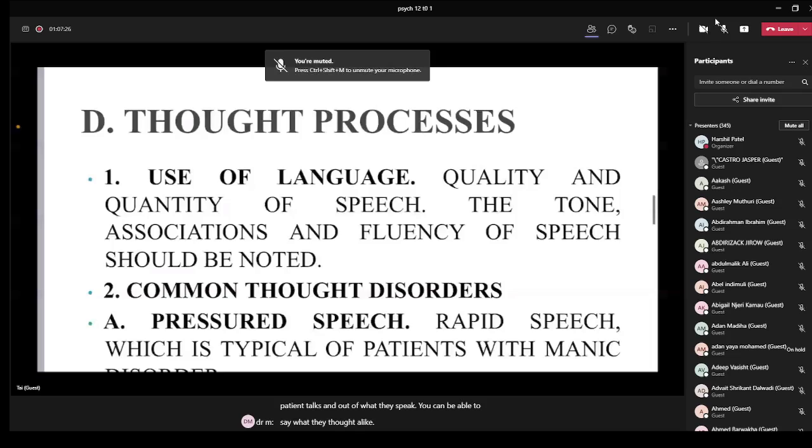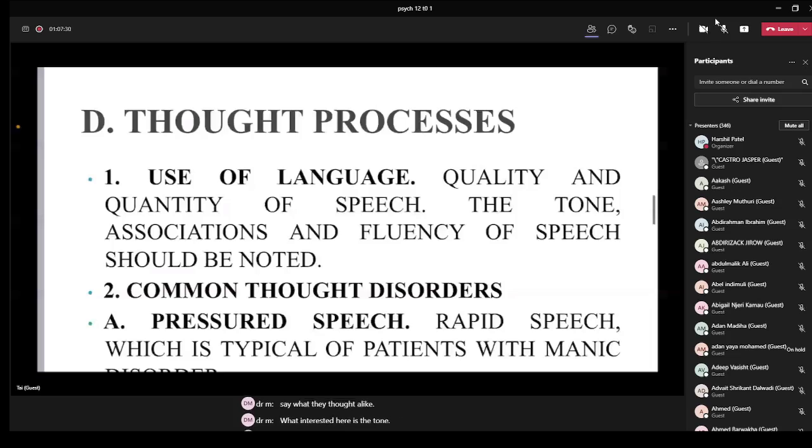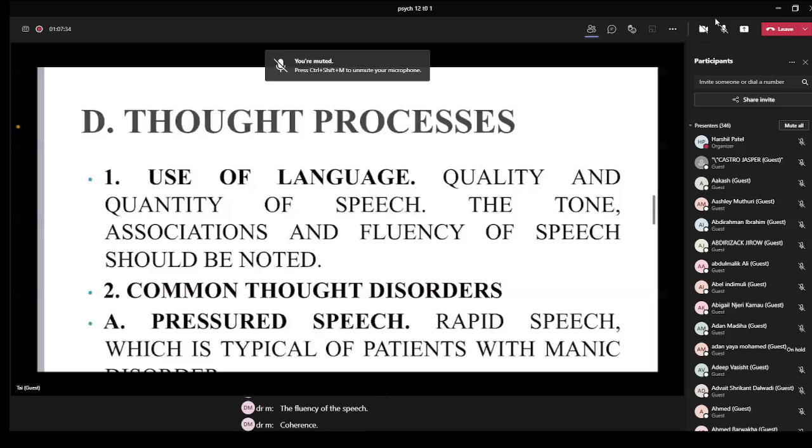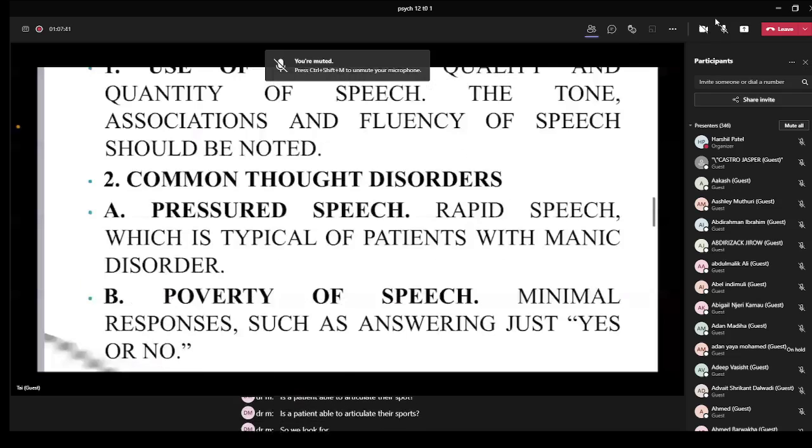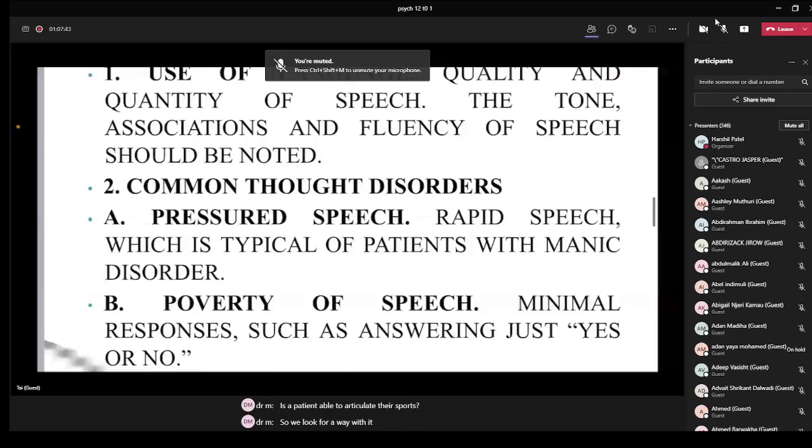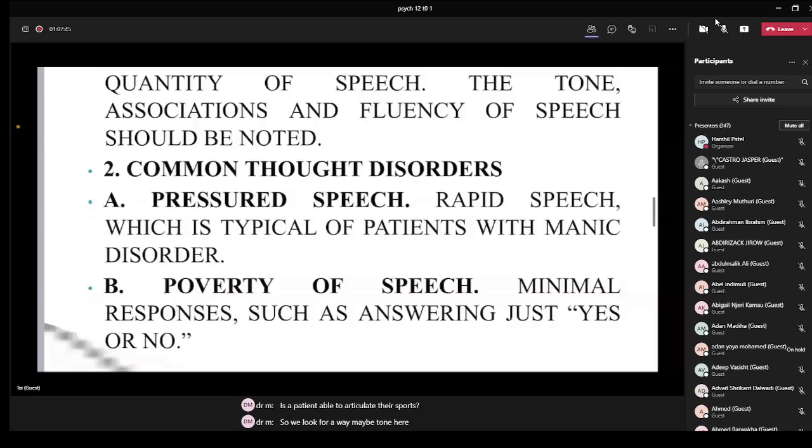What we're interested in here is the tone, the fluency of the speech, coherence. Is the patient able to articulate their thoughts? So we look for the tone, the coherence, and the quantity of the speech. Are they able to produce enough speech? Is the speech retarded, right?